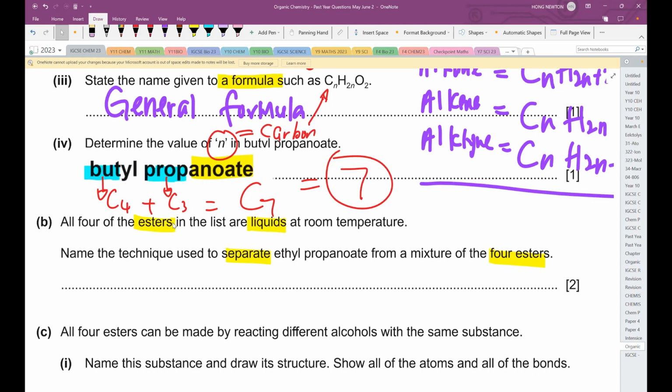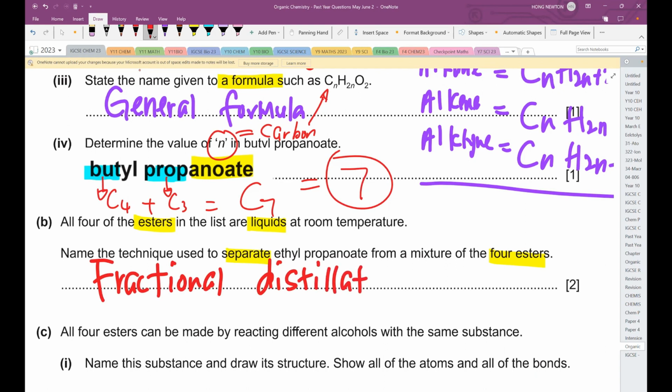In this case, we no need to use so high temperature and pressure. So we're just using the normal process, we call it fractional distillation. Normally in this case, we just boil it to a certain temperature. Then the alcohol will be evaporated already, correct? Like this.